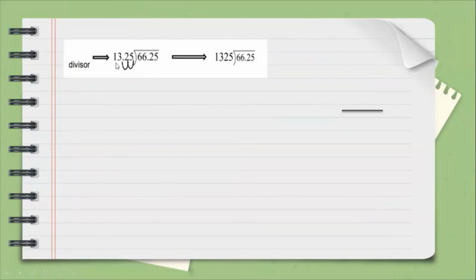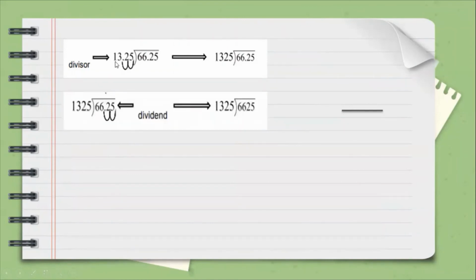And since we moved our decimal point in our divisor 2 places to the right, we're going also to move our decimal point in our dividend 2 places to the right. So we have here 66.25. Move our decimal point 2 places to the right, and this will become 6,625.